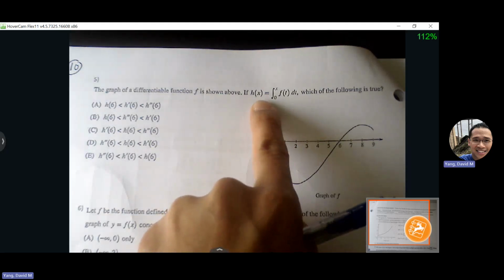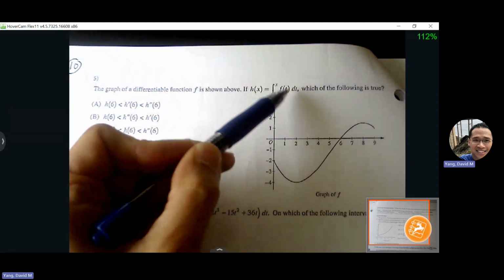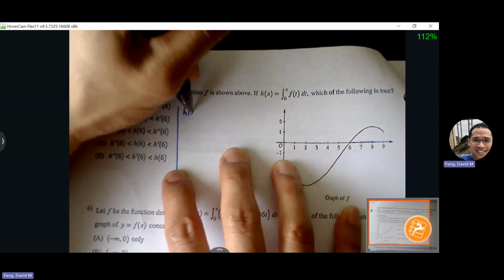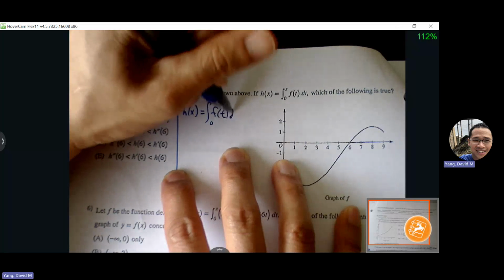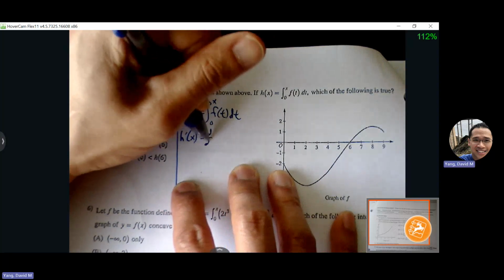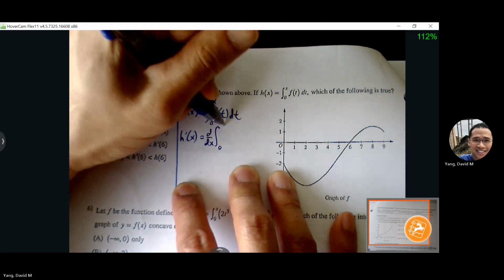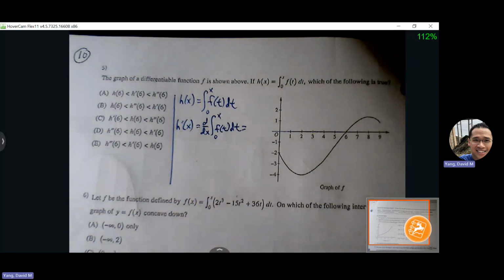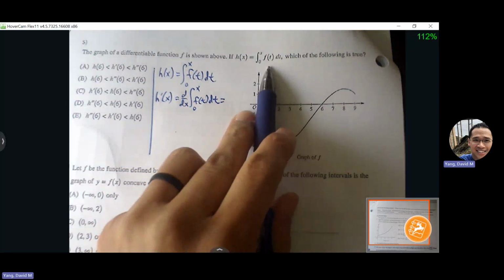And then let's build h prime and h double prime so we can have something a little bit easier to interpret. So let's just go ahead and get all of the derivatives out of the way. We know h is the area under the f graph.